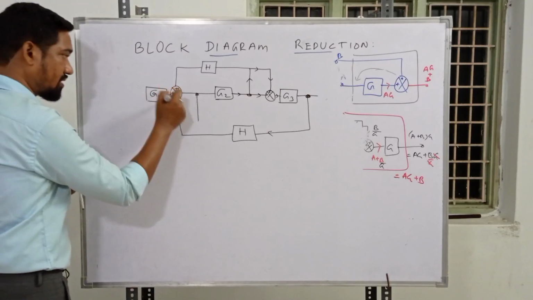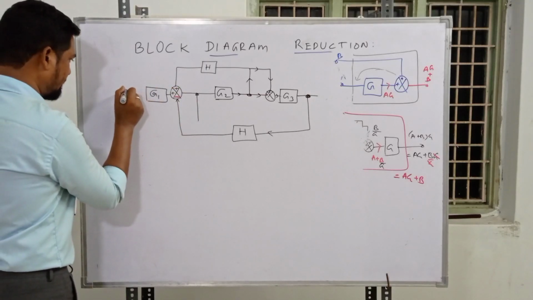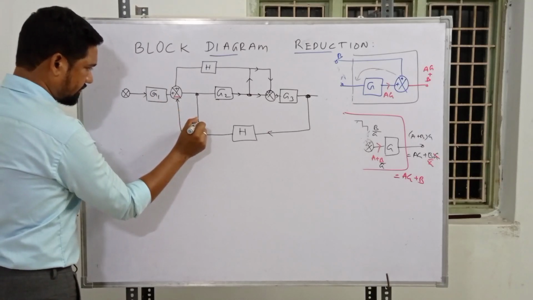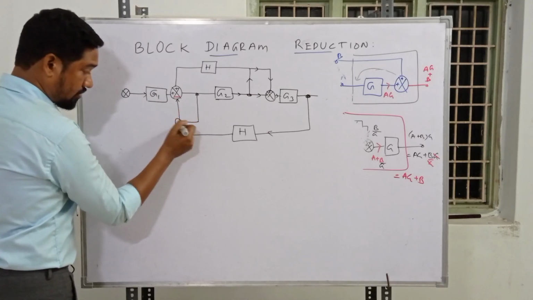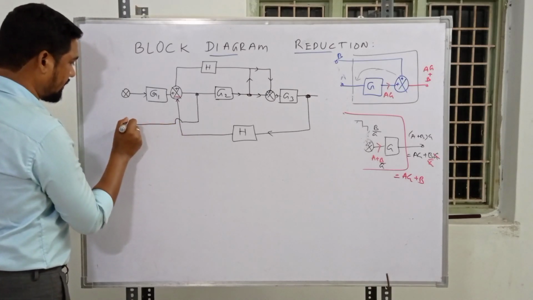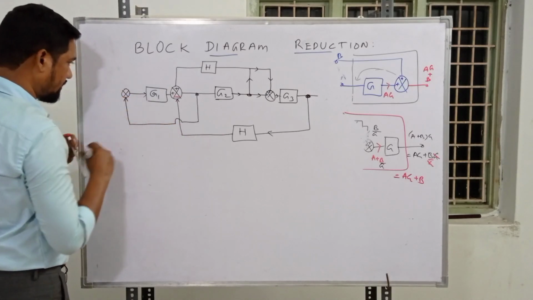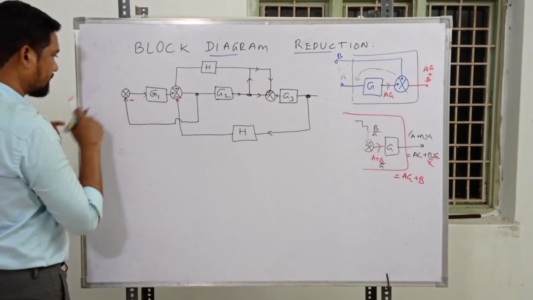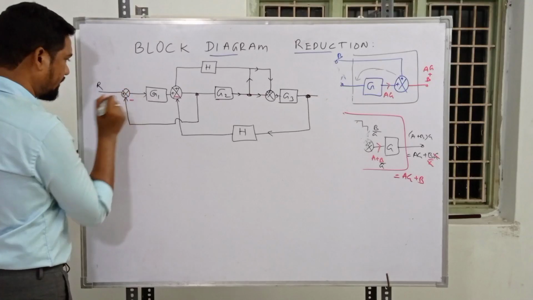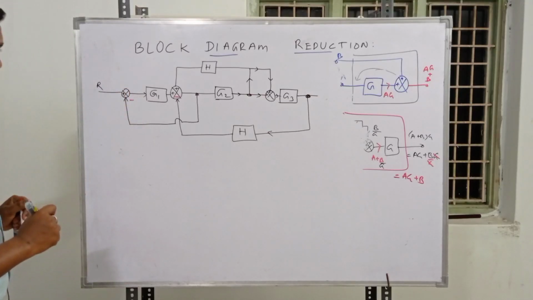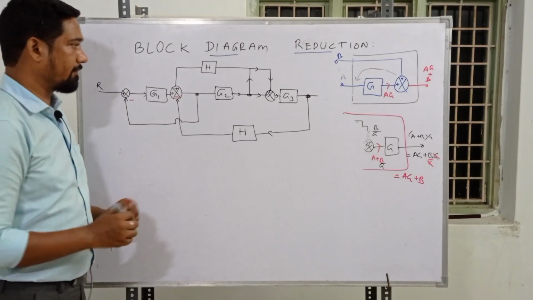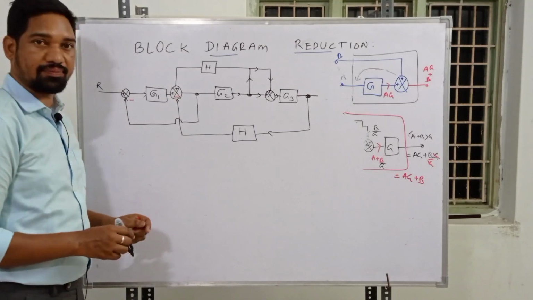Now there is another summing point over here, with a signal in this direction, and there is an overlap, it's not touching each other. And it's a unity feedback, negative again. Input R is added over here. Yes, this is the block diagram to be reduced. For a beginner, make a note, please.